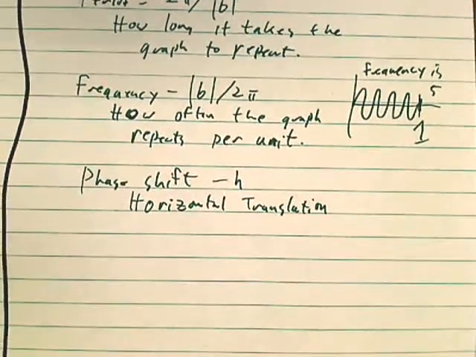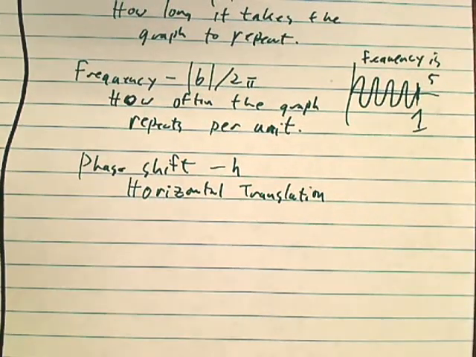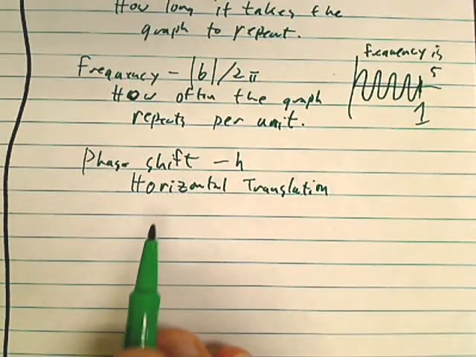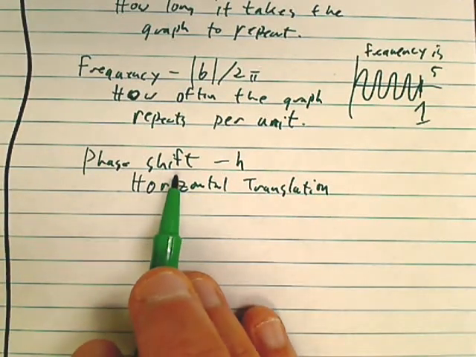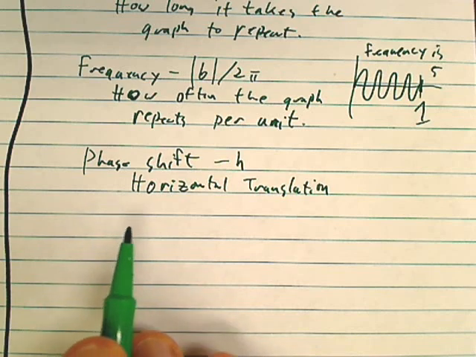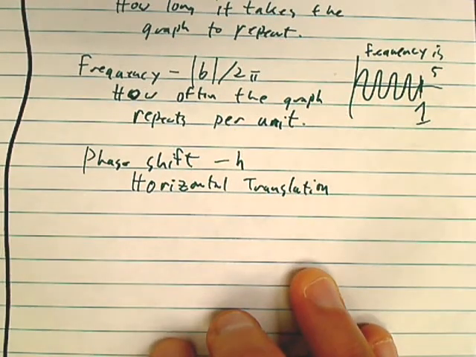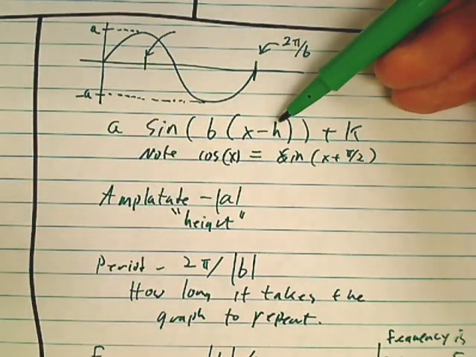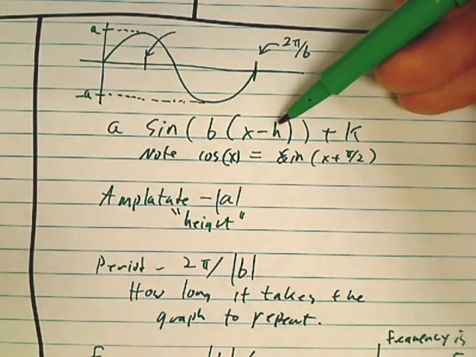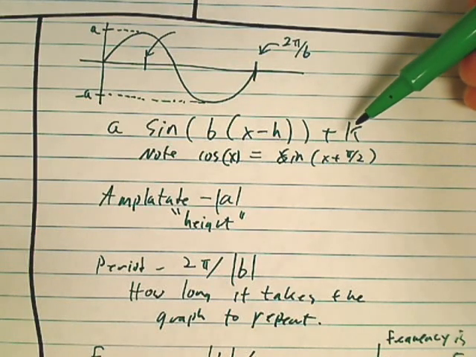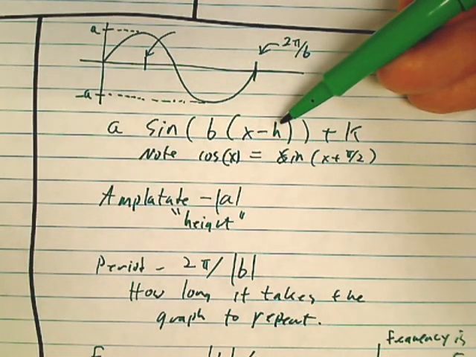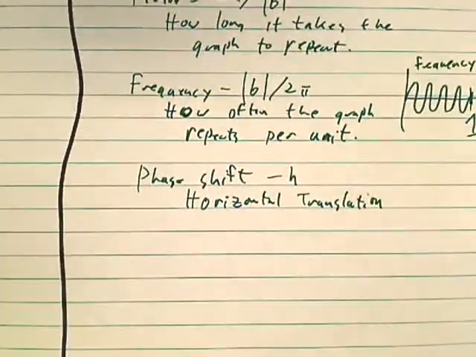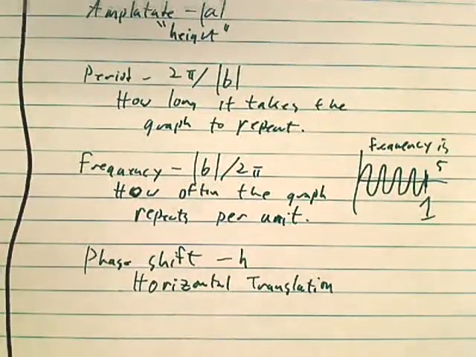When I have a horizontal translation of a graph, we call that a phase shift when it is a sinusoid, and that is just the value of h. Let me go back up there real quick. This is your vertical translation. This is your horizontal translation, which in a sinusoid we call a phase shift. So that's what that is, and that's it.